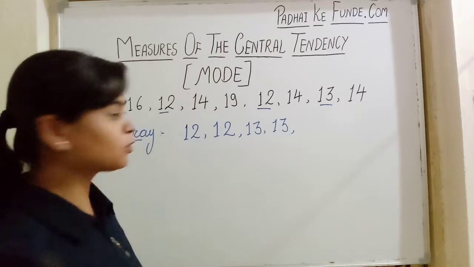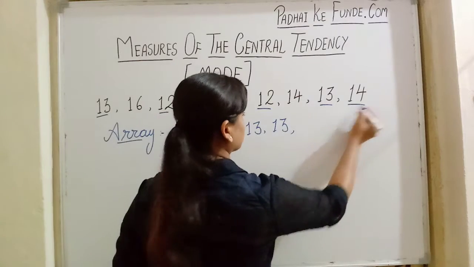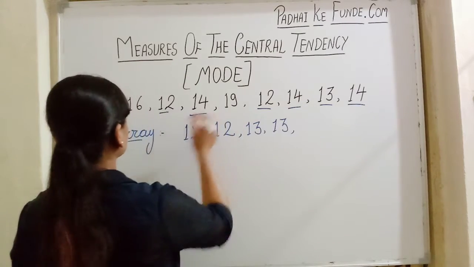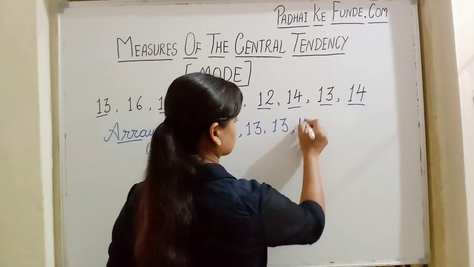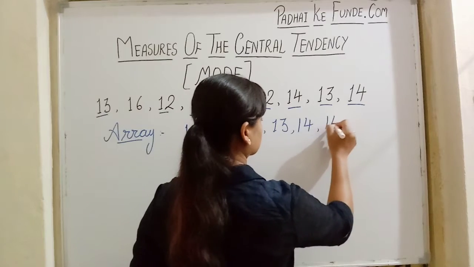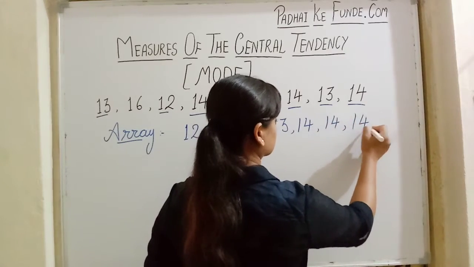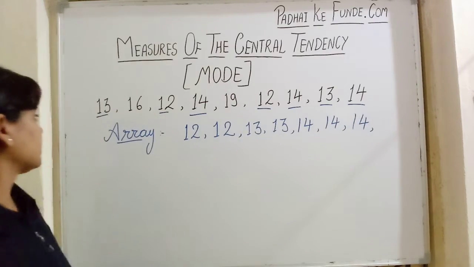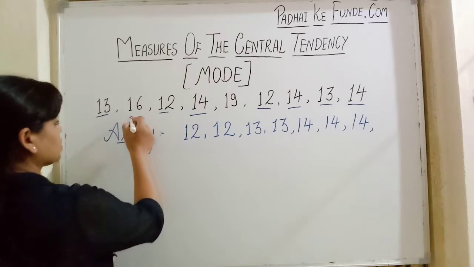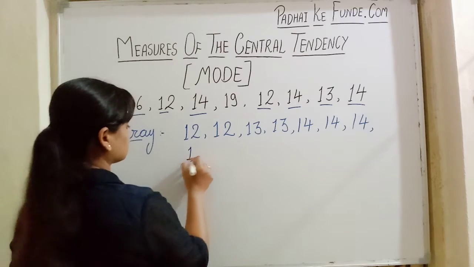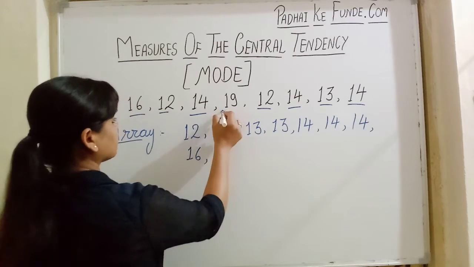After this, the number 14 we have 1, 2, 3 times here. Then the next number is 16, which is only once here, and then we have 19.